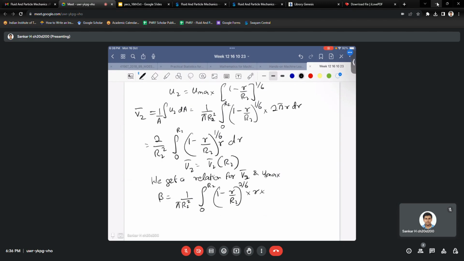Sorry, again we have to substitute for the differential area, which shall be 2 pi r dr. I'll give you guys a minute, see if you are able to understand it. If you have any doubts, please feel free to ask. I'll give the answer in a minute so that you guys will be able to solve this.